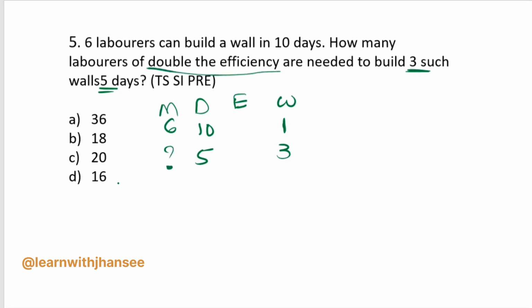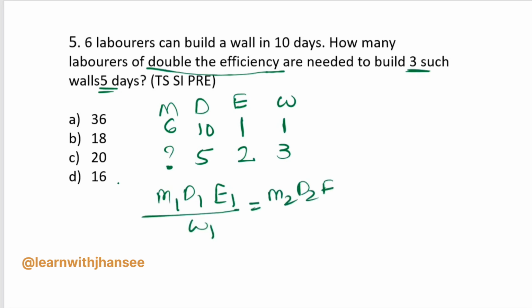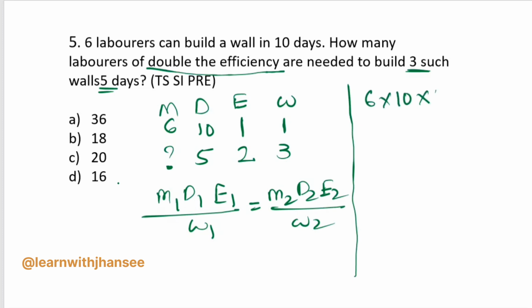But he is mentioning that double the efficiency. Means here the efficiency is double. Here it is single only. Means 1. So substitute same M1, D1. Here hours are not given. E1 by W1 is equal to M2, D2, E2 by W2. So that is nothing but what is M? 6 into 10 into efficiency is 1 and the work is only 1 is equal to, I don't know the men M, I have to find out the laborers, into 5 into 2 divided by 3.